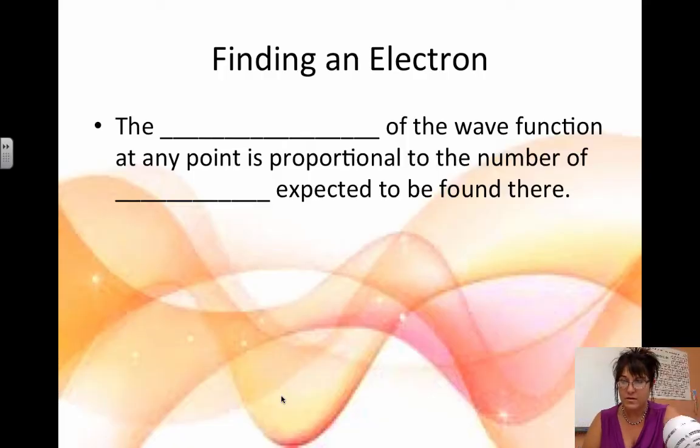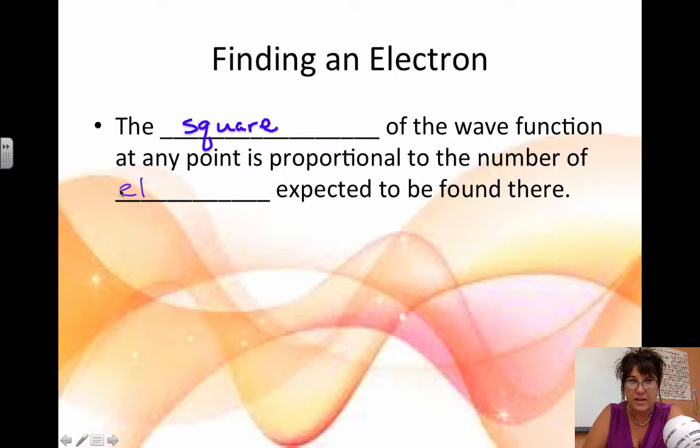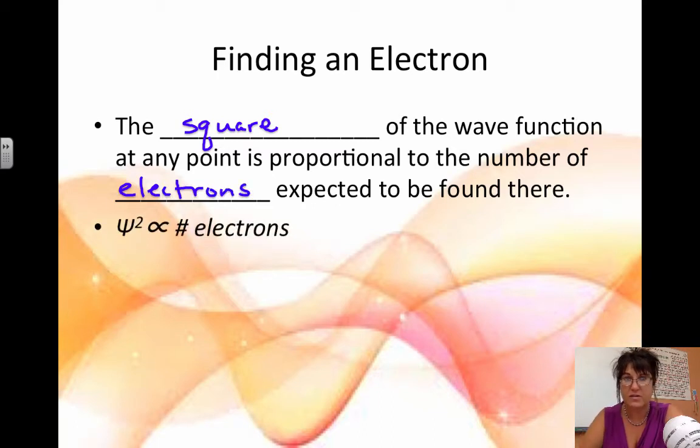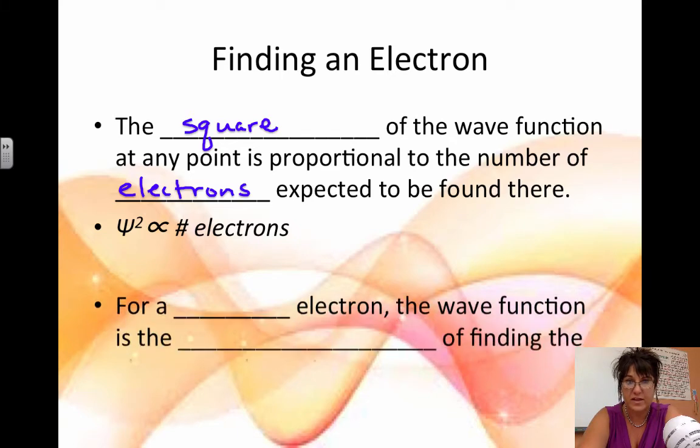So rather than finding an electron like, oh, there it is, the square of the wave function at any point will be proportional to the number of electrons that are expected to be there. So we're using probability and statistics rather than just saying, oh, that's where it is. We can say that's probably where it is. So psi squared is proportional to the number of electrons.